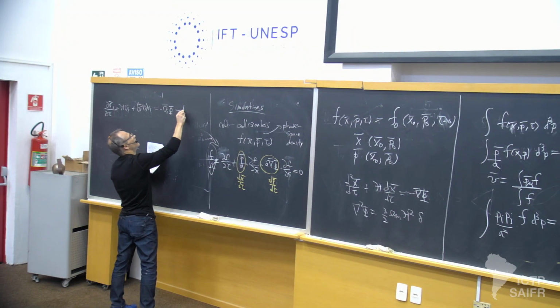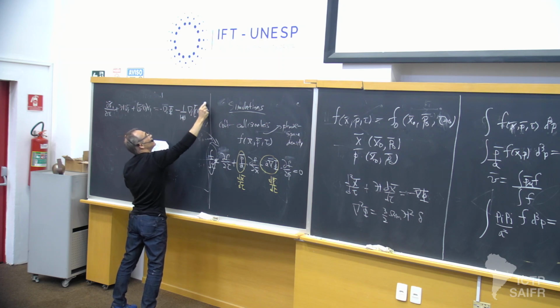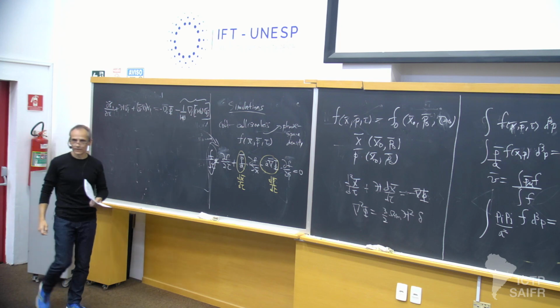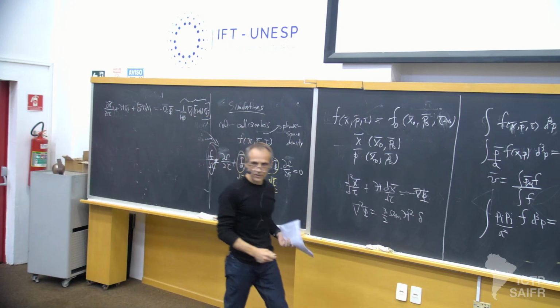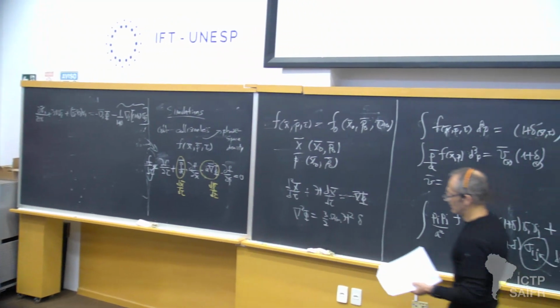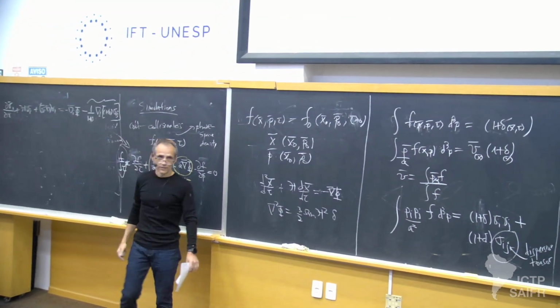And now the extra term that you get, so this is the new term that comes from the Vlasov equation, which actually leads to something more complicated than what we are assuming, okay?